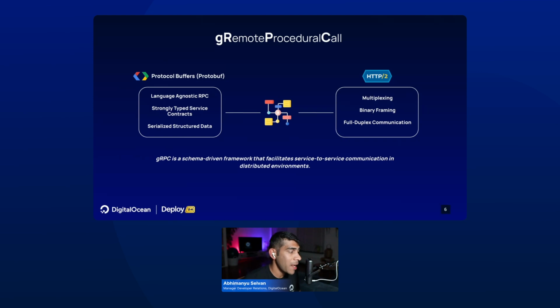it's a language neutral, platform agnostic mechanism for serializing structured data, and it excels in creating strongly typed contracts or APIs in this case, where each field is clearly defined with specific data types, and this ensures data integrity and reduces error.